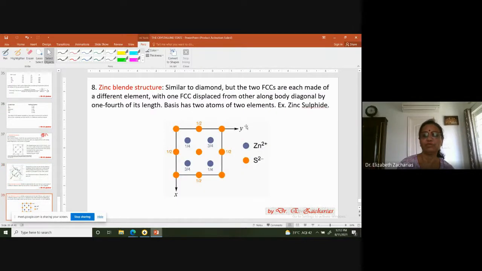Here I put for you the zinc blende structure. I try to show the position of the atoms, the layering.